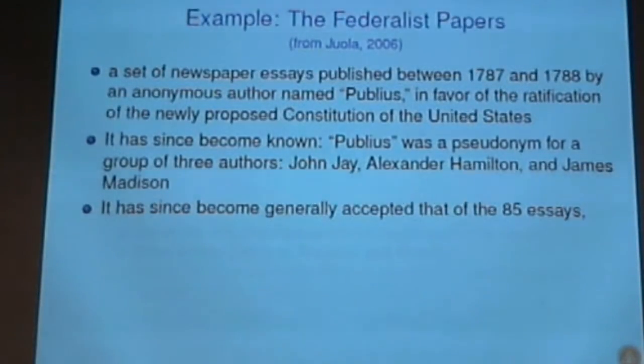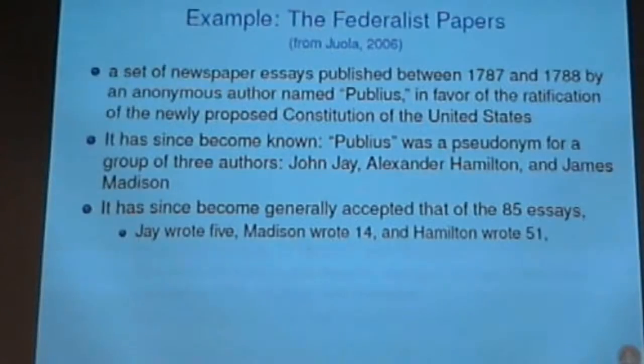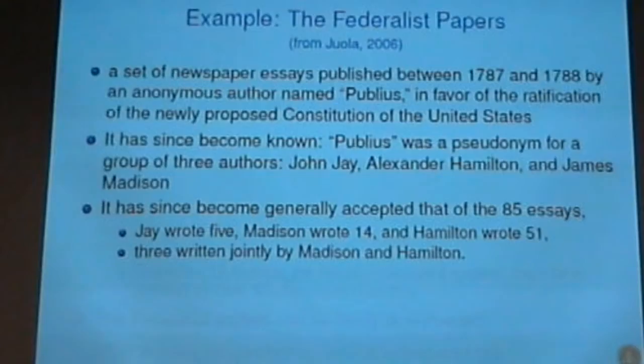Of the 85 essays in total, Jay wrote 5, Madison wrote 14, and Hamilton wrote 51. This would be interesting if you try to identify who wrote what. And 3 were written jointly by Madison and Hamilton.